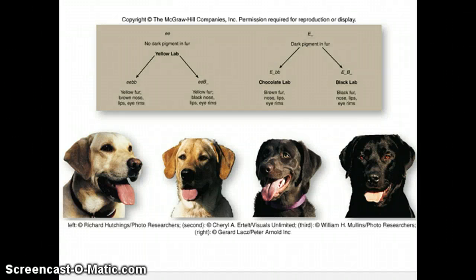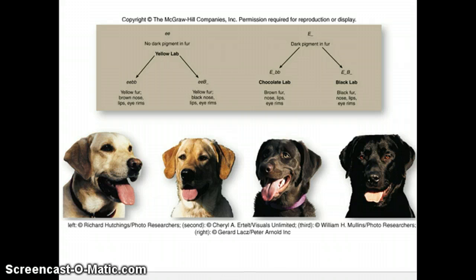So we left off talking about epistasis, specifically when we're looking at coat color in a lot of mammals. With Labrador retrievers, one gene is going to express the color that would be present, either dark pigment or light, so either black or chocolate coloring.